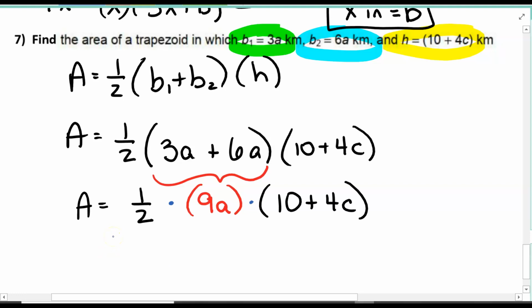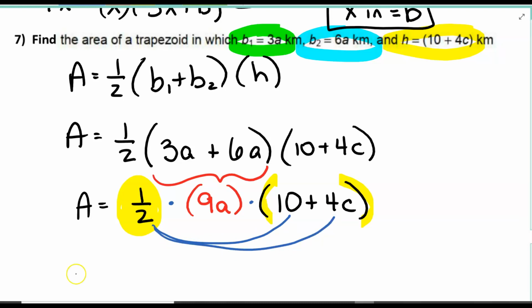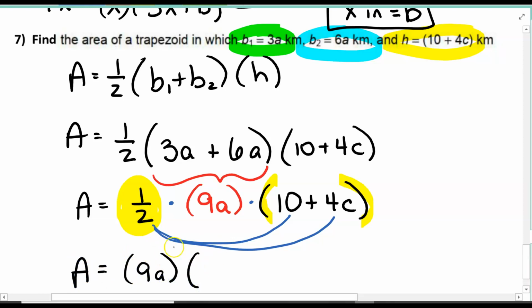Just because the 10 plus 4c are nice even numbers, I'm actually going to choose to do that last option. I'm going to do 1/2 times the 10 plus 4c, which means I need to distribute that half into the parentheses. So I have my area is equal to 9a times 5 plus 2c.